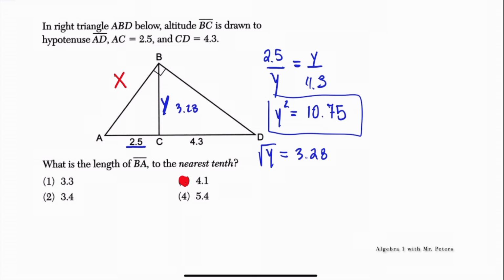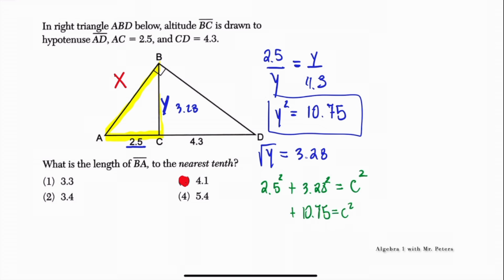Look at what's going on now. We have two sides of the triangle, and we can use the Pythagorean theorem to determine the last side. So we have 2.5 squared plus 3.28 squared is equal to c squared. Once we do this, family, we know this is 10.75.